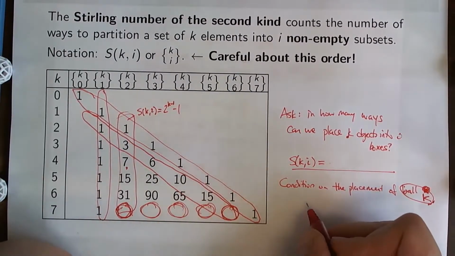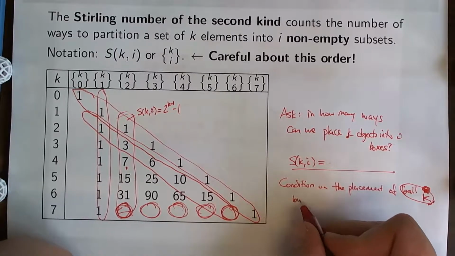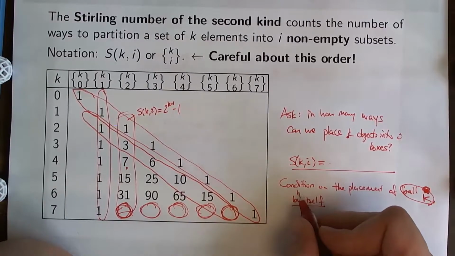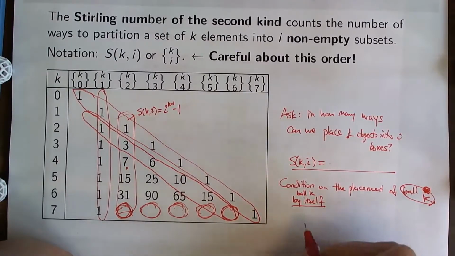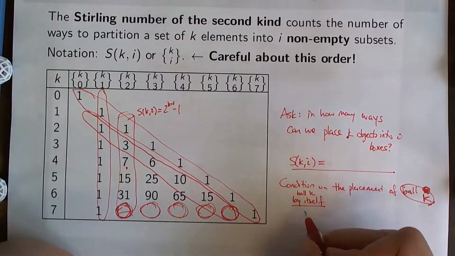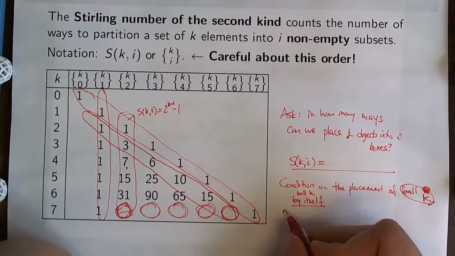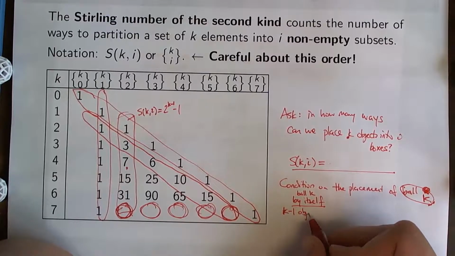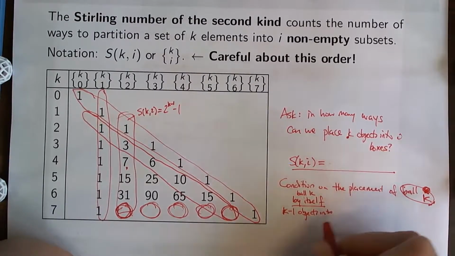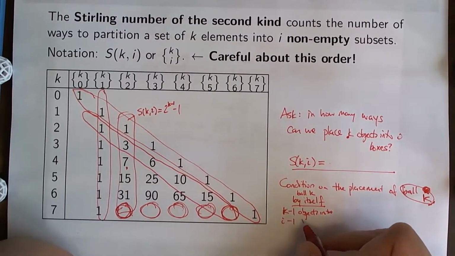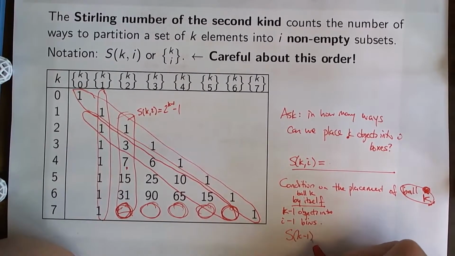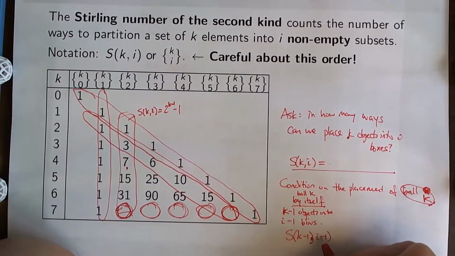And ball k can either be by itself. If ball k is by itself, then what we have is k minus 1 objects into i minus 1 bins, which is S sub k minus 1, i minus 1.